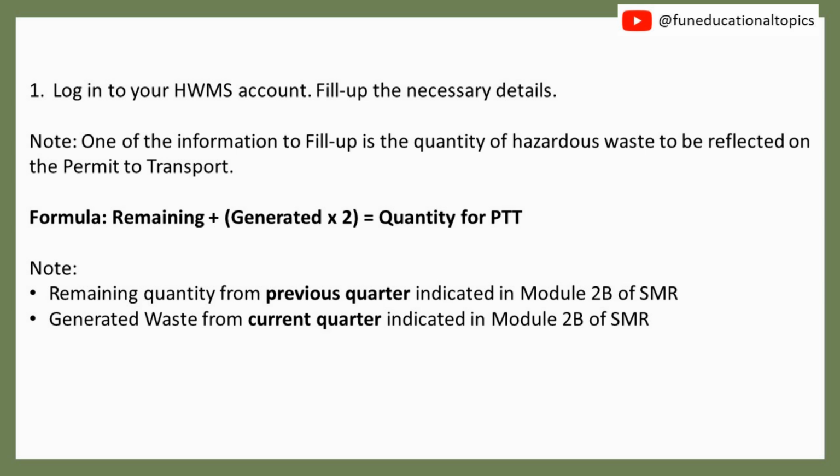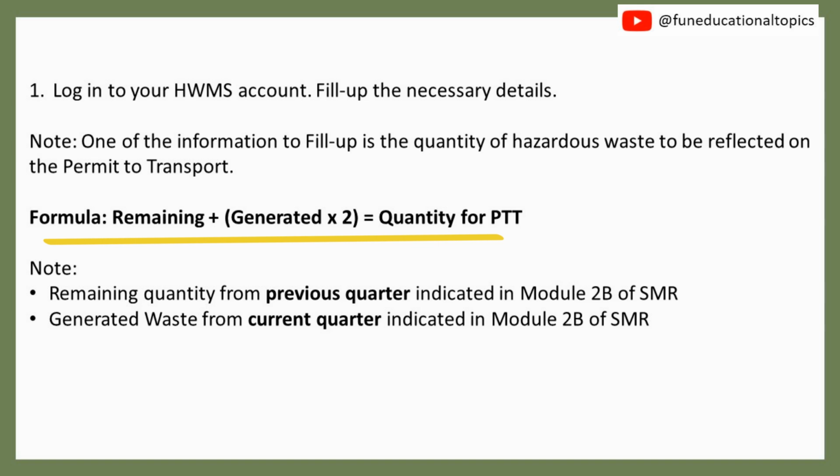Moving forward, note that one of the information to be filled up is the quantity of hazardous waste to be reflected on the Permit to Transport certificate. DENR is strict when it comes to the volume reflected on the PTT. You shall follow the computation or formula as described in this slide.